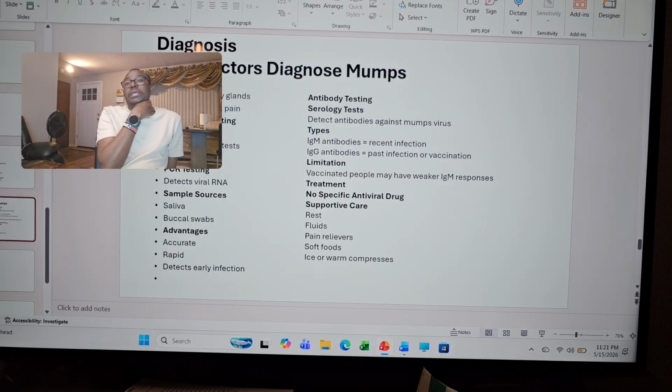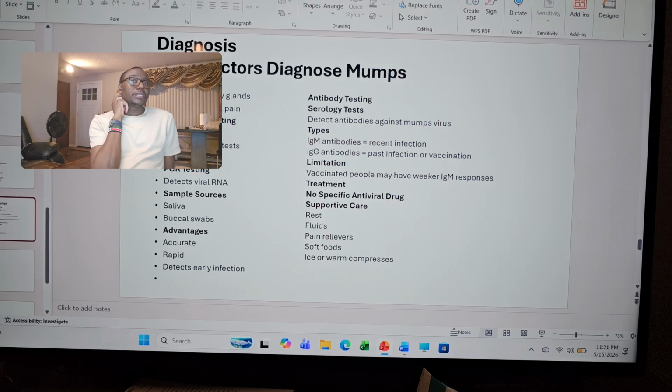Laboratory testing: PCR test, antibody blood test. PCR testing detects viral RNA. Sample sources: we get samples from saliva and buccal swabs. The advantage of doing a PCR, rather than assuming because someone is swollen, is that it is accurate, rapid, and detects early infection.